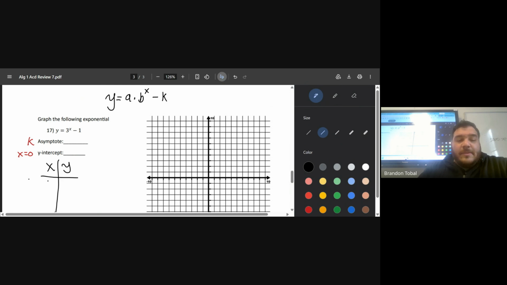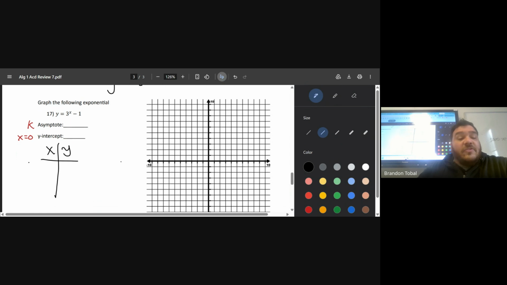Anyone remember? -2 to 2. So -2, -1, 0, 1, 2. You will always do this for the x value, okay? We're going to have this question on the test too. I could give a blank one, but you're going to fill in the -2 to 2. You should know that. I'll leave a blank one of the x and y, but you've got to plug in the -2 to 2.